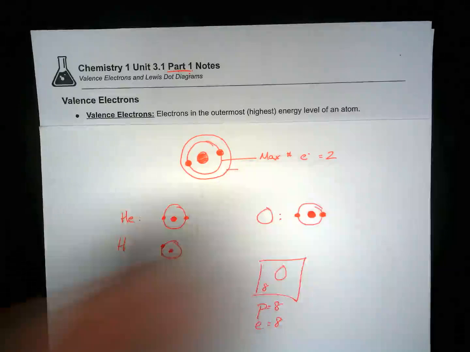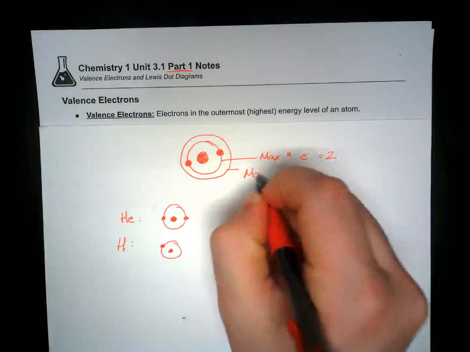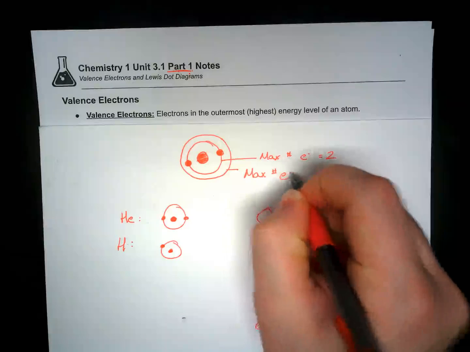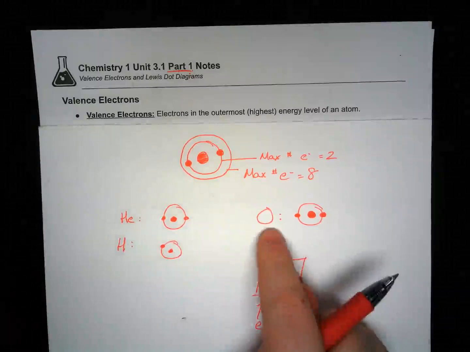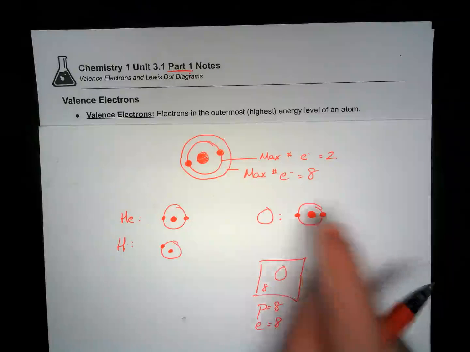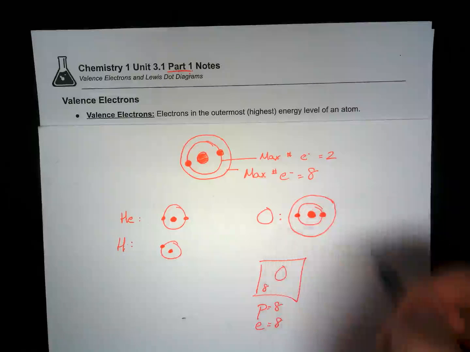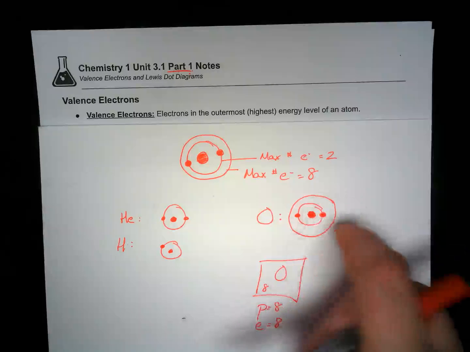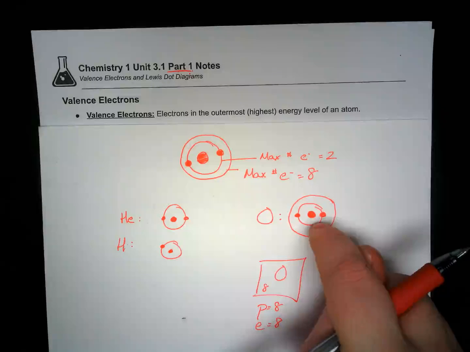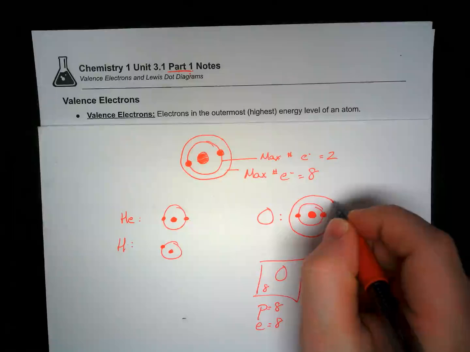Now the second ring out here, the max it can hold is 8 electrons. Still working with oxygen, the first shell is all filled up. So for the second shell, 8 minus 2, my goodness, that is 6.